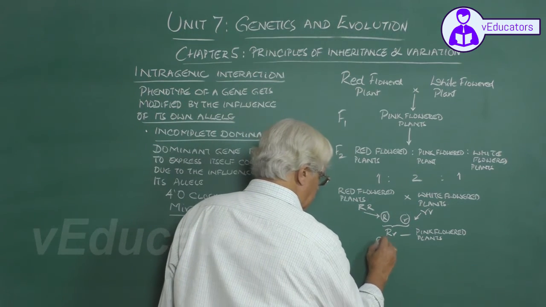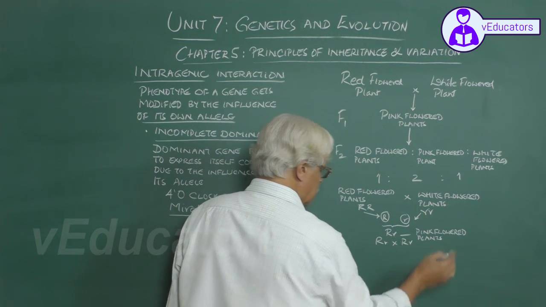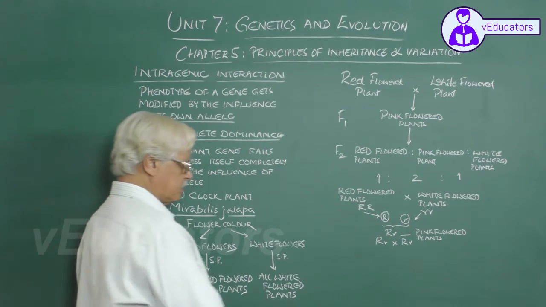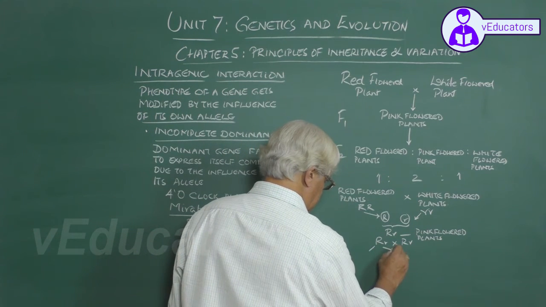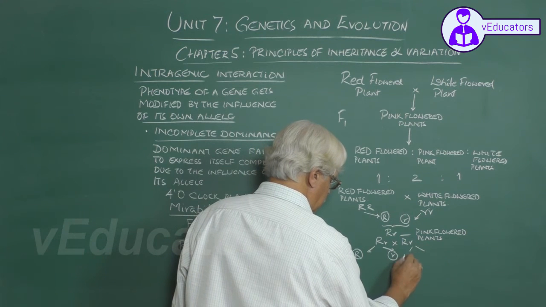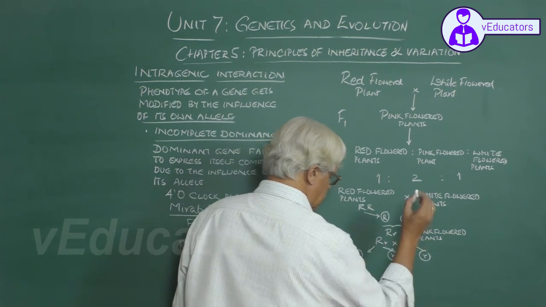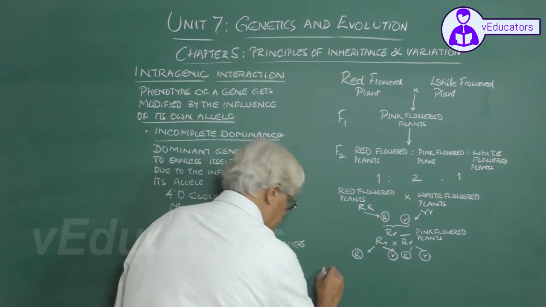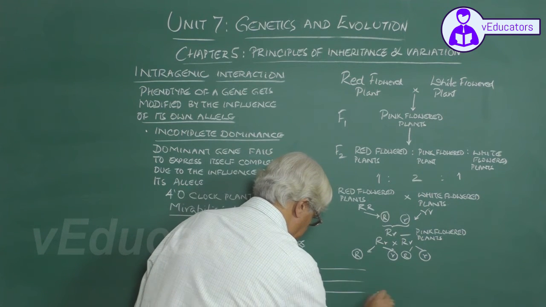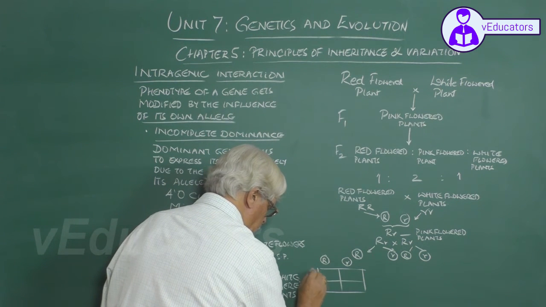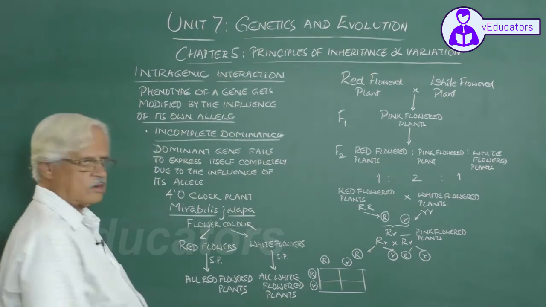When these plants are allowed to undergo self-pollination, capital R small r into capital R small r, two types of gametes here, capital R small r, capital R small r. So 2 into 2, 4 combinations. Putting a checkerboard, capital R, small r, capital R, small r.